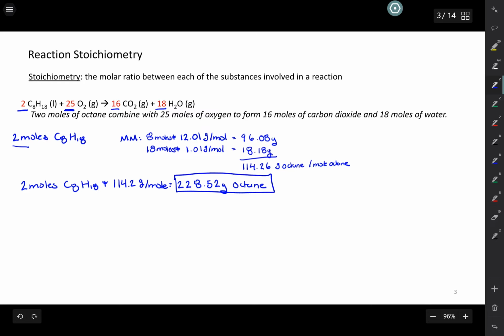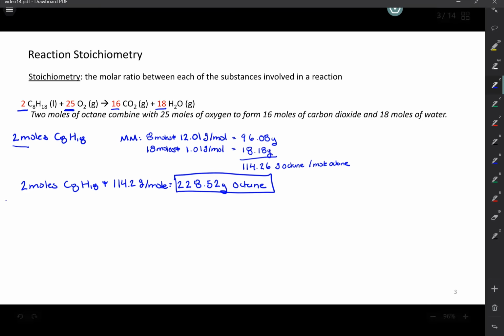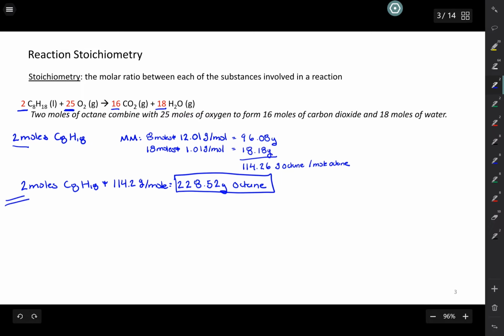If we're interested in finding the mass of CO2 that we would make, well, we do the exact same thing. The molar mass of CO2, we'll calculate that by saying, well, there's 1 carbon times 12.01 grams per mole, and we have 2 moles of oxygen times 16 grams per mole.